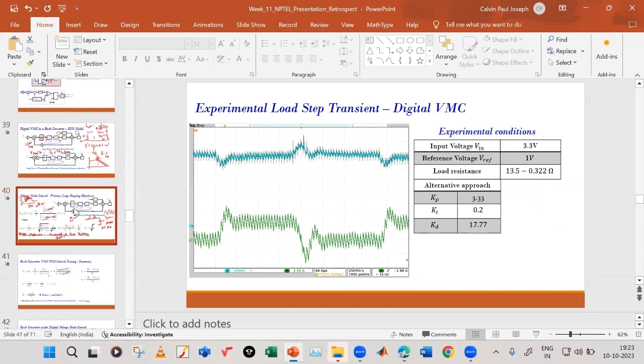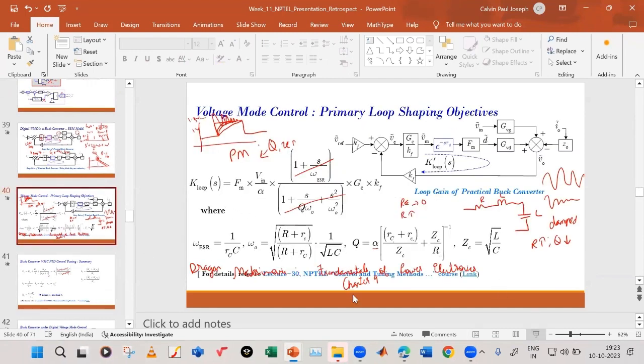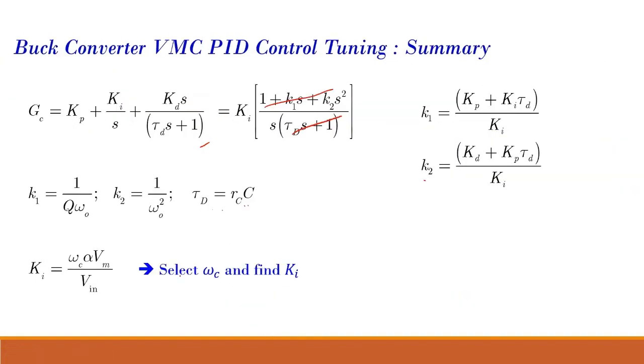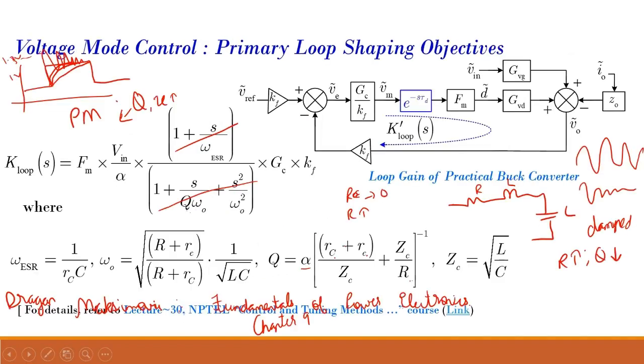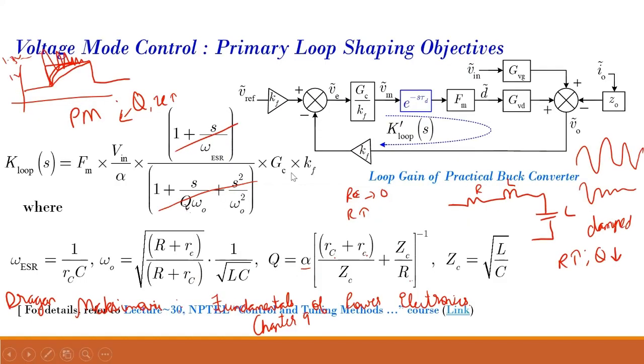Let me explain better. This is your K loop: Fm into Vn upon alpha, into 1 plus s upon omega ESR, over 1 plus s upon Q omega naught plus s square upon omega naught square, into your GC.